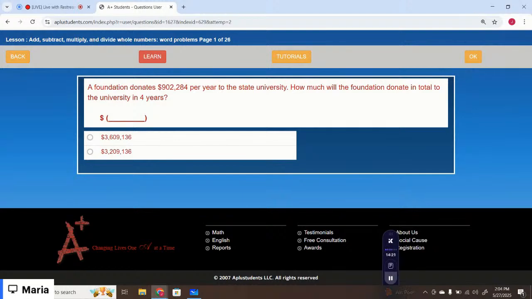A foundation donates 902,284 per year to the state university. How much will the foundation donate in total to the university in 4 years? So per year they donate 902,284, right? You need to calculate how much will the foundation donate in total in 4 years.